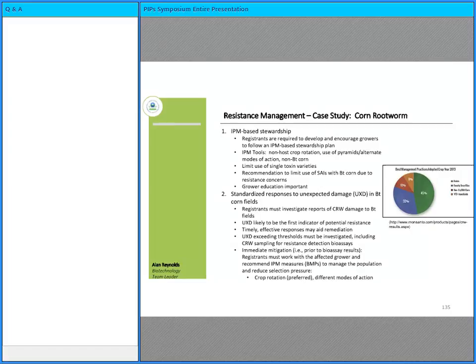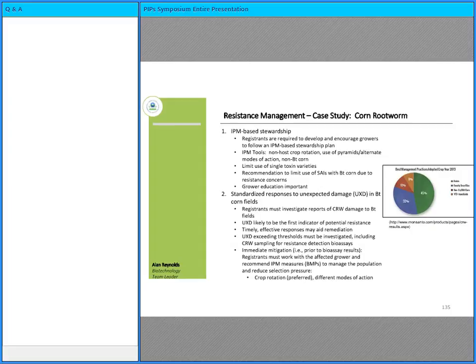The registrants are required to have a stewardship program and then work with growers, but there's no mandate actually at the grower level. So some of the IPM tools that are part of this stewardship approach include crop rotation to a non-host. That, for rootworm, would be primarily soybean. Also the use of pyramids or alternate modes of action, or just good old-fashioned non-Bt corn.